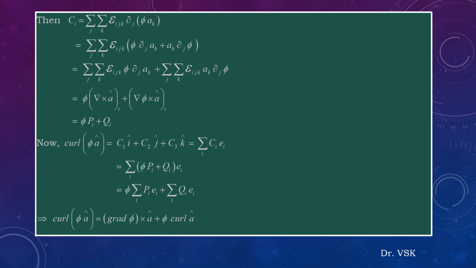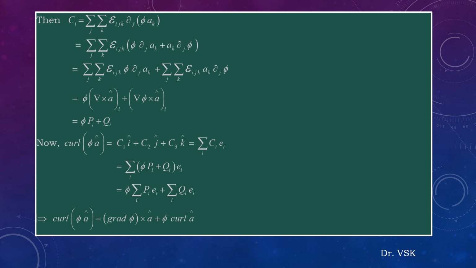Here in this second part, we have to observe two terms especially. They are dou j phi and ak. Dou j phi is a representative from the gradient of the scalar field phi. The term ak is a representative from the vector field a cap.